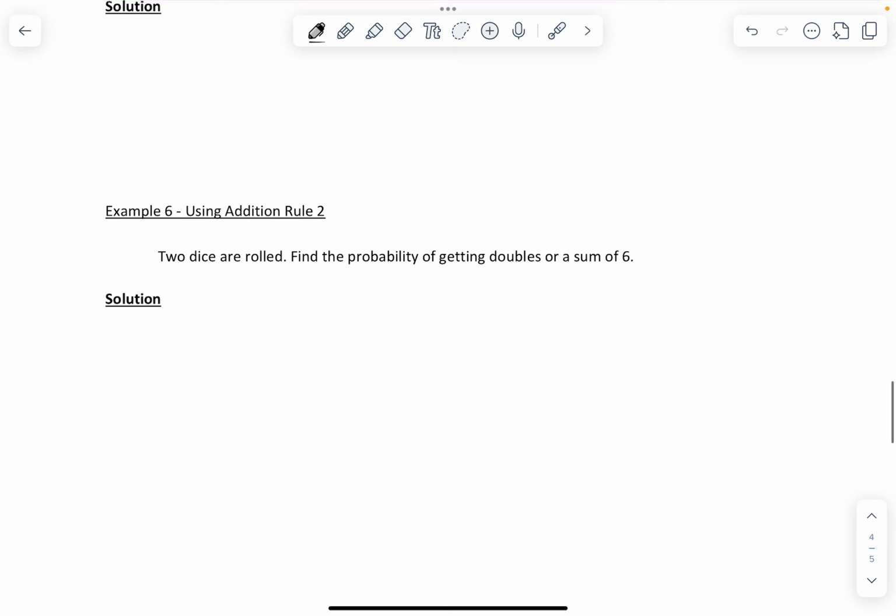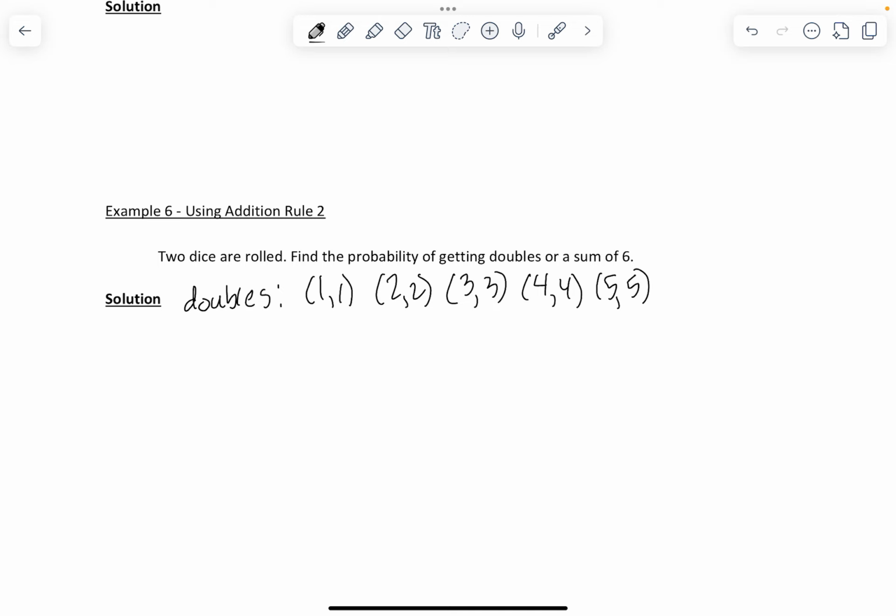Let's do another example. 2 dice are rolled. Find the probability of getting doubles or a sum of 6. Okay. So let's consider all the ways to get doubles. So the outcomes would be 1, 1, 2, 2, 3, 3, 4, 4, 5, 5, 6, 6.